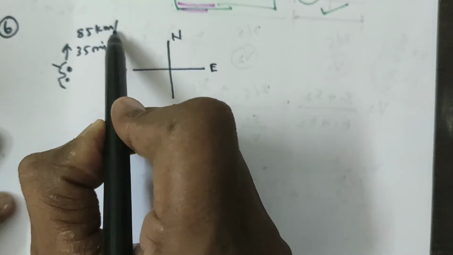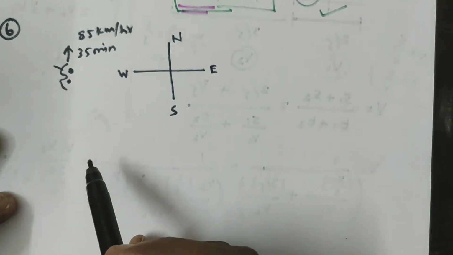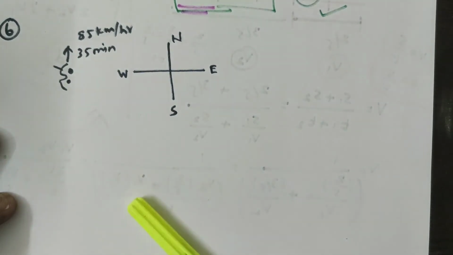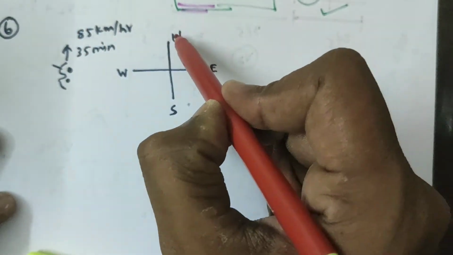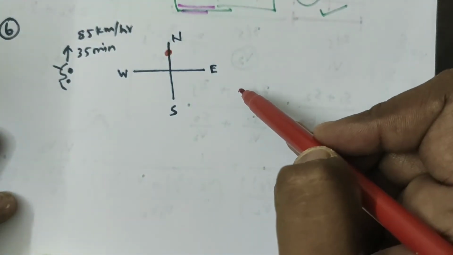In this much speed he is moving, but for 35 minutes only. After that he's taking rest for 15 minutes. For example, he reached here and takes rest for 15 minutes.